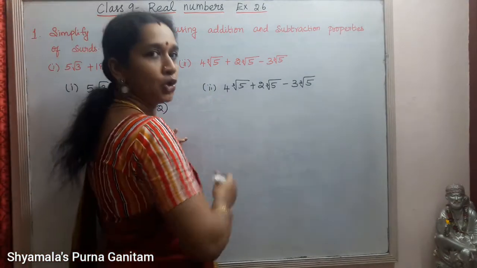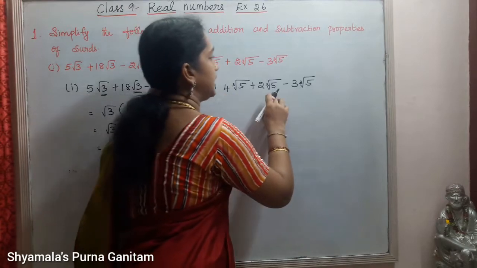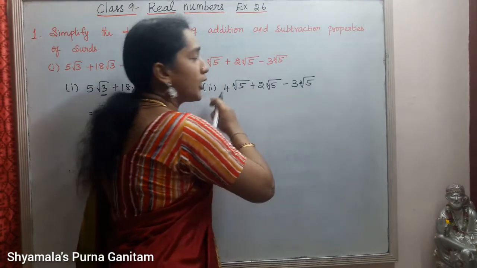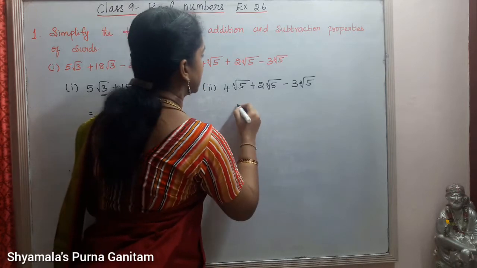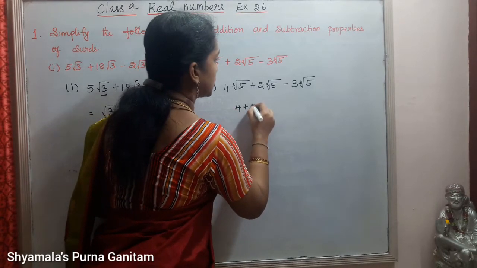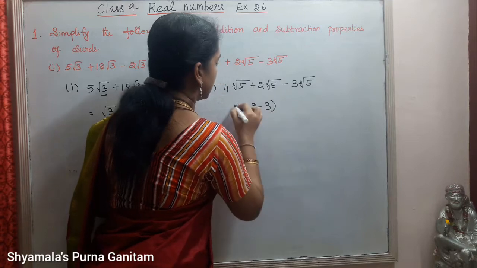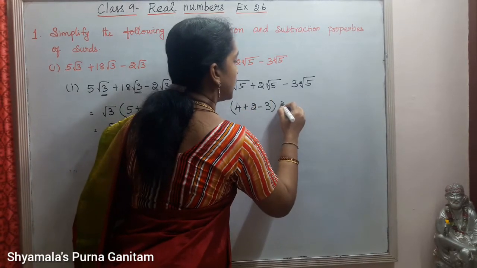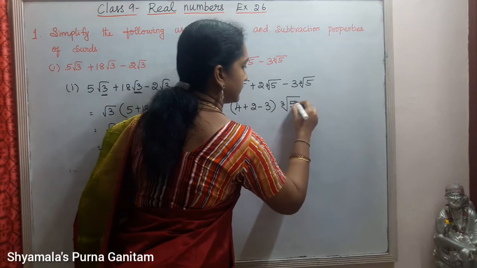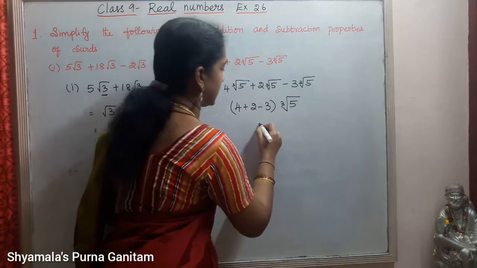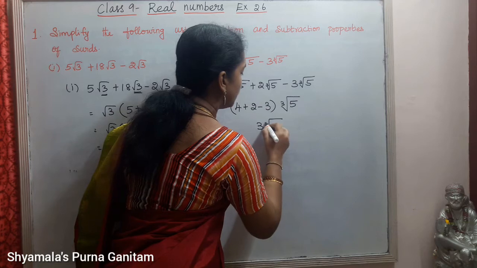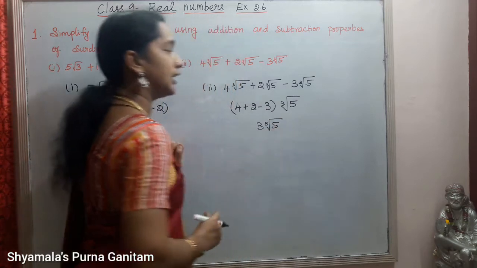Since only cube root of 5 is given, all the coefficients can be added and subtracted. So 4 plus 2 minus 3 into cube root of 5. 4 plus 2 is 6, 6 minus 3 is 3. So 3 cube root of 5 is the answer.